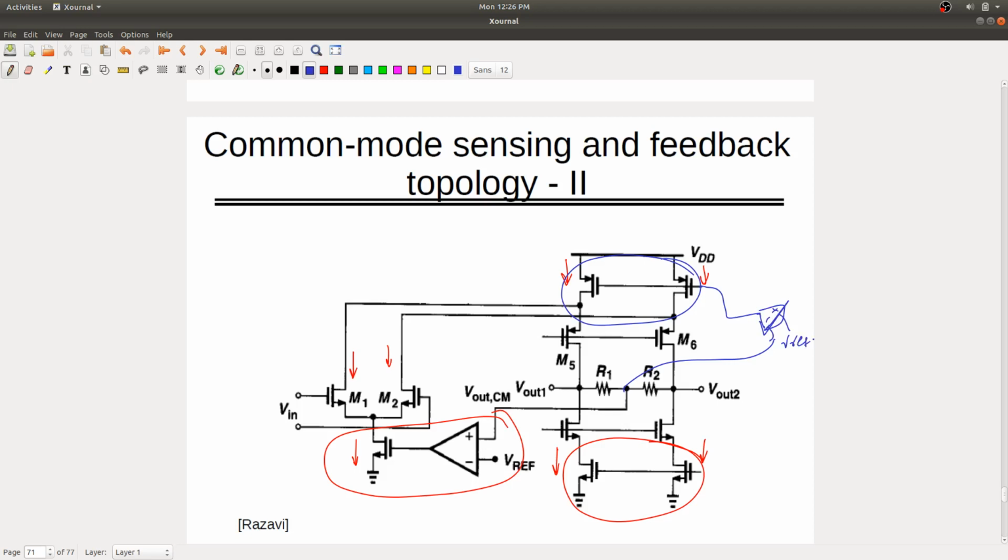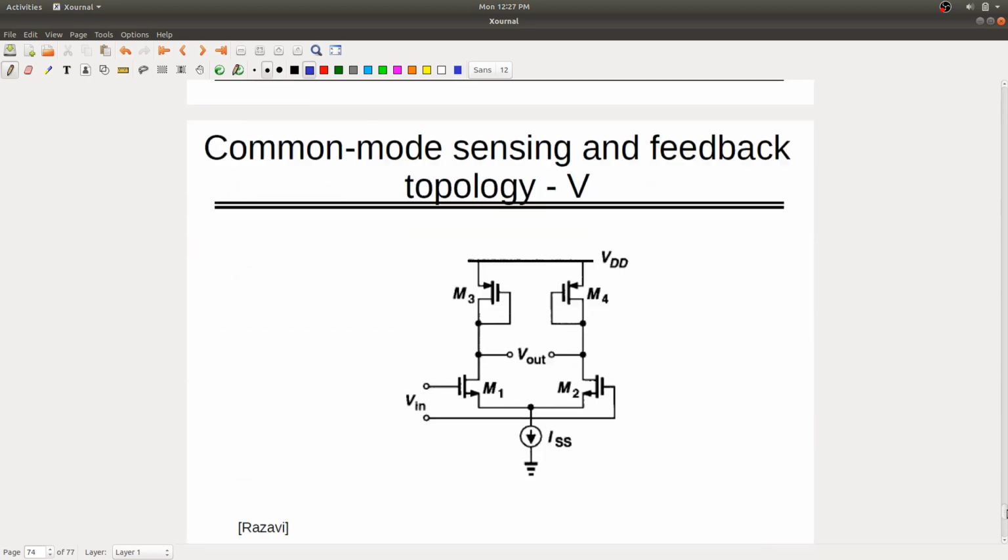This is also possible. Either way you can go. It's not a problem. You can tune this one, this one, or this one, so that the current flowing through these two transistors is well controlled and the common mode voltage at the output is within your limit. So these three ways are possible.